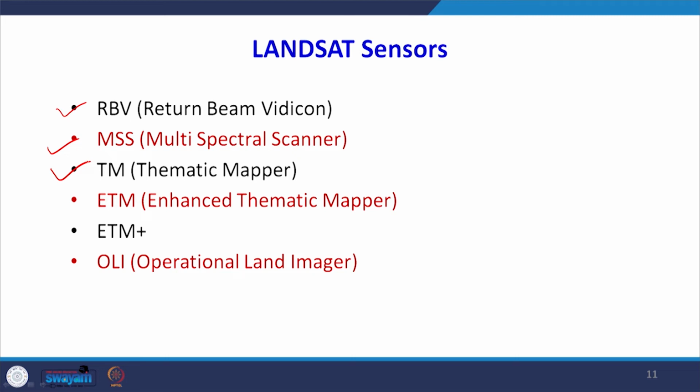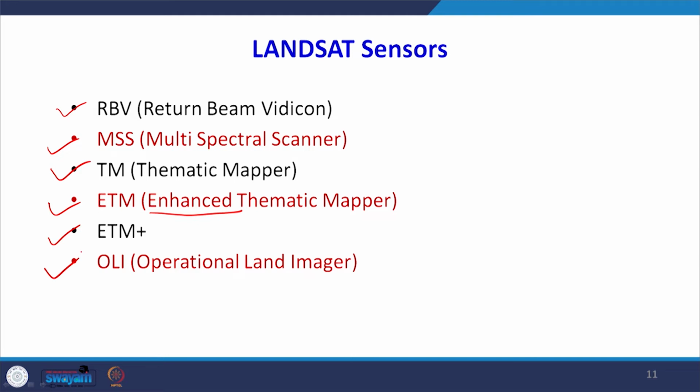And then we have the enhanced thematic mapper. Enhanced thematic mapper means that there is some improvement over the thematic mapper, and that word enhanced was added to it. Then afterwards even some more improvement was done, and the improved version was called ETM plus, which indicates that this is the improved version of the sensor system over ETM.